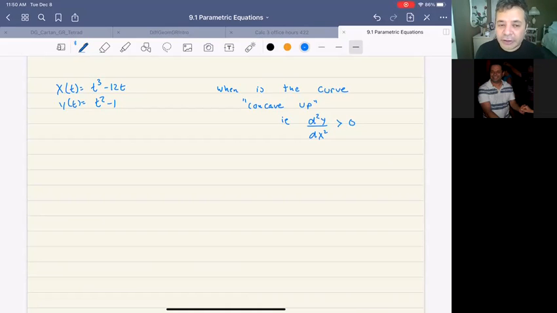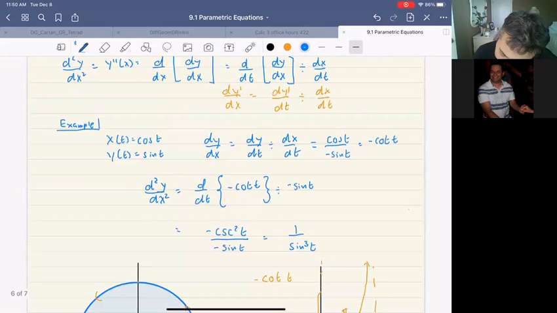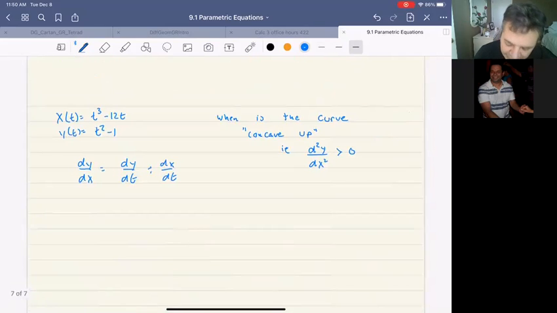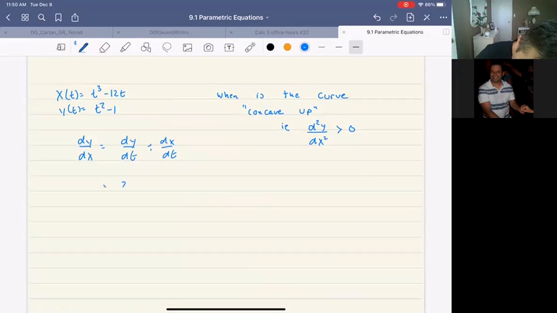Okay, so we're going to go ahead and do that. First thing we need to do: dy/dx. dy/dx is dy/dt divided by dx/dt. dy/dt here is 2t divided by dx/dt, 3t squared minus 12.